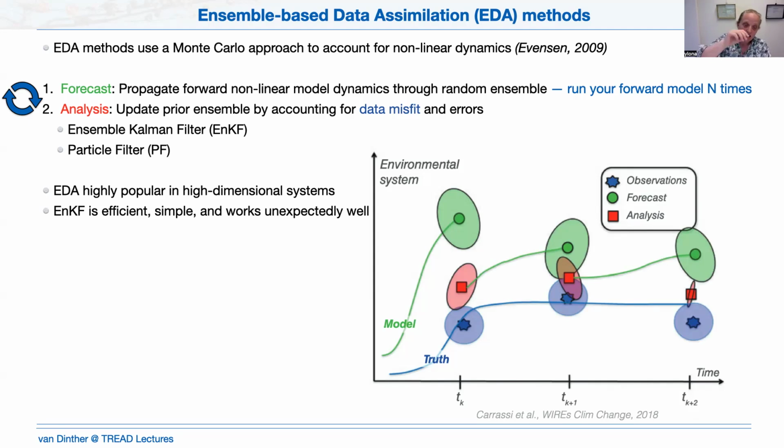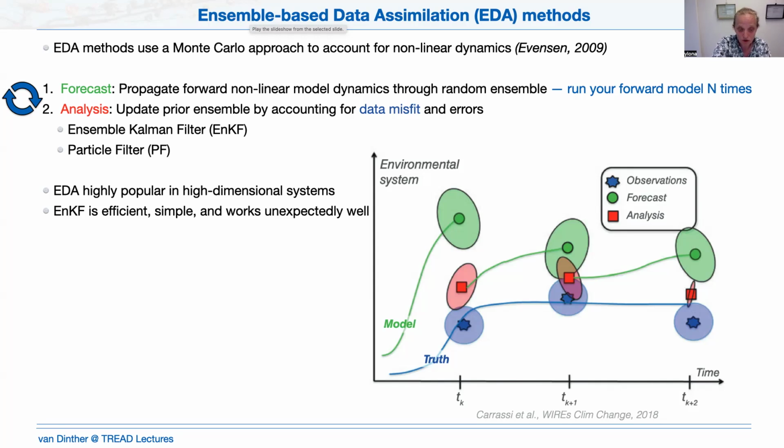So as you move through time, you have your posterior probability function in red. Sorry, I need my mouse, but I'll just explain with words. After you add that observation, you propagate forward your many forward models again, following the green line, until you have a new observation, where you can add that, do the analysis, and get a new posterior probability density function.